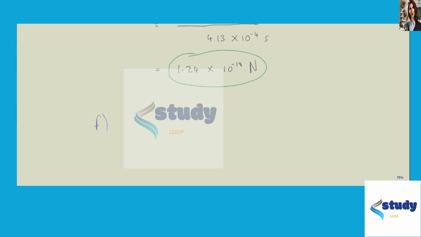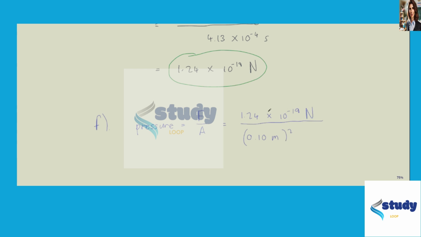Now for part F, we had asked for this average force per unit area, which is essentially the pressure. We'll use the word pressure since we use P for momentum. And we know pressure is simply the force per unit area, so F divided by A. And that's a force of 1.24 times 10 to the minus 19 newtons over the area of this container, 0.1 meters all squared.